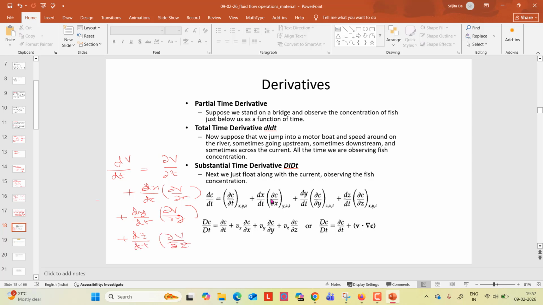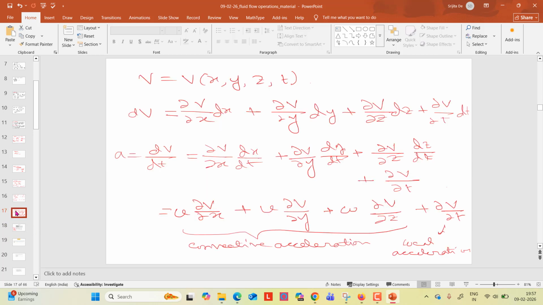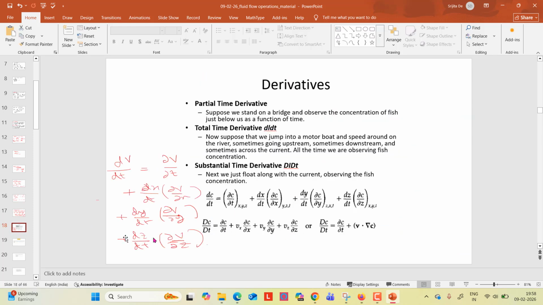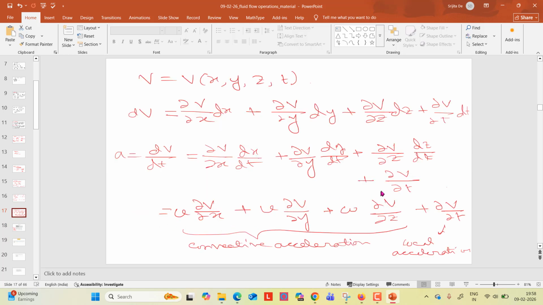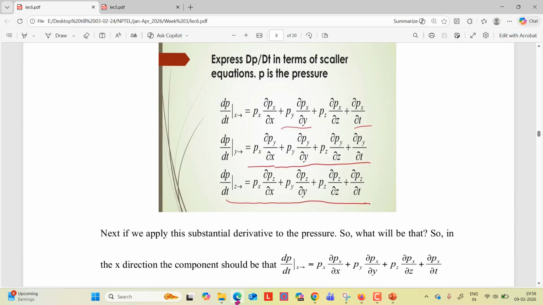So this is your total derivative. And this total thing can be represented as the substantial time derivative. Here also it is written, right?